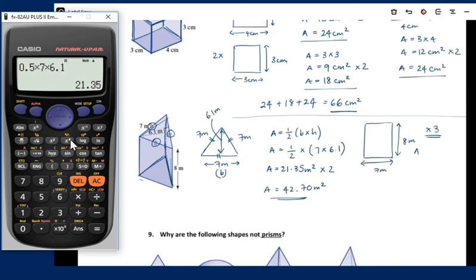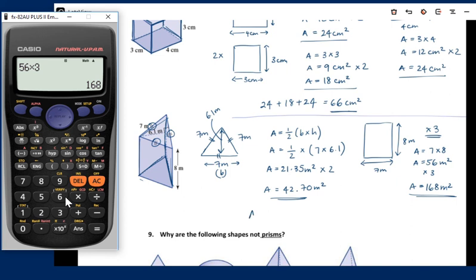So working out the area of one of them, we've got 7 times 8. So the area of one is 56 meters squared. Multiplying that by 3, my area is going to be 168 meters squared. So now the area of my rectangular faces in total is 168, and the area of my triangular faces is 42.7.